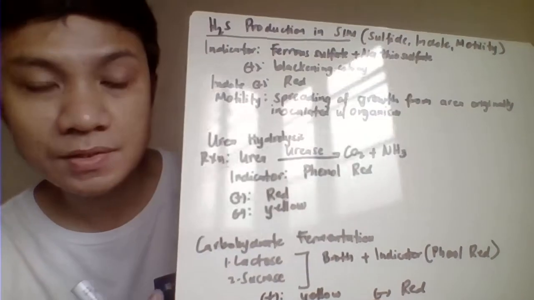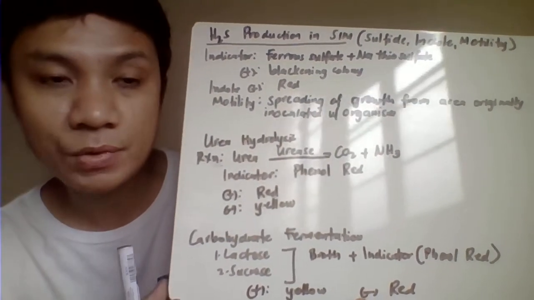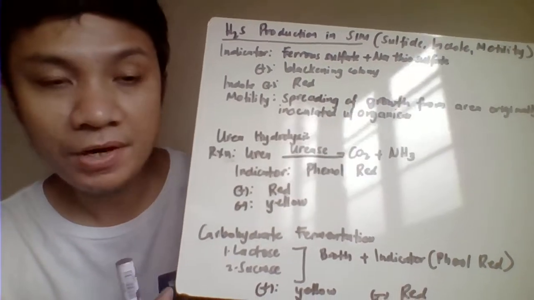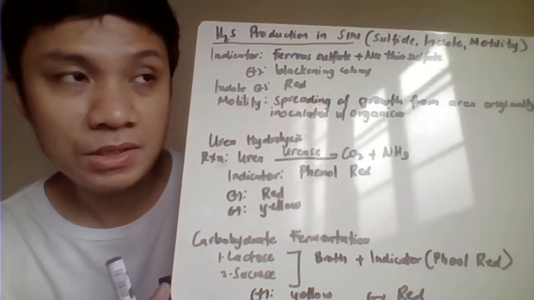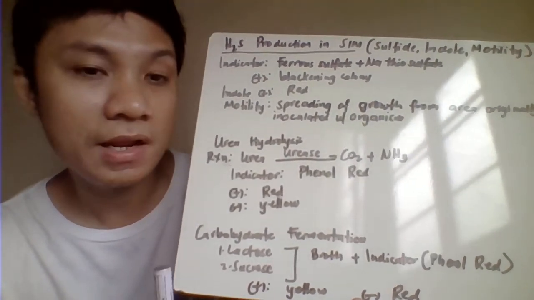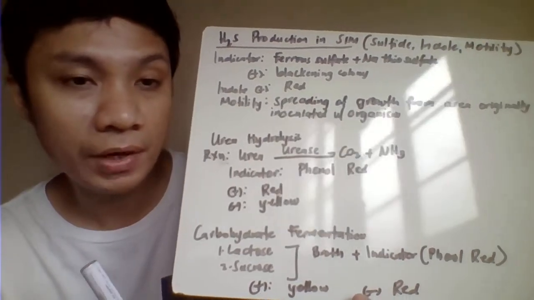Okay, for the indole test, is what we have discussed kanina. So indole test will give a positive result with red in color. For the motility, motility is identified here by the spreading of the colony from the area where you try to inoculate your organisms.